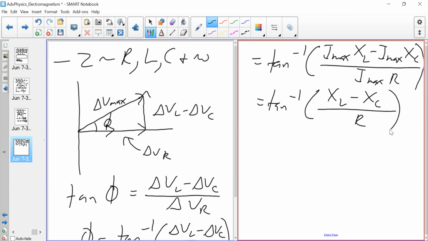So if we know all those values, we get the phase angle for the RLC circuit.